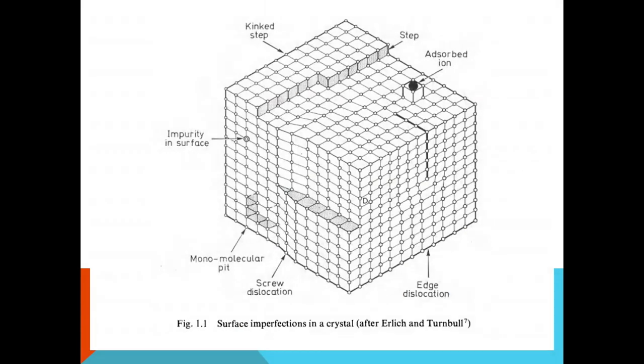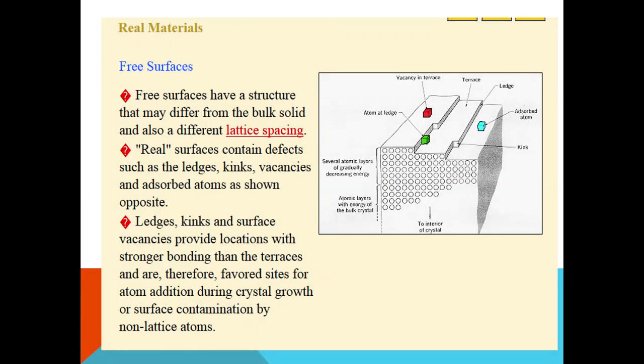Figure: surface imperfections in a crystal. Impurity in surface, kink, step, adsorbed ion, edge dislocation, screw dislocation, monomolecular step. This can be shown as a monomolecular step for surface imperfection in crystals. Real materials have free surfaces.